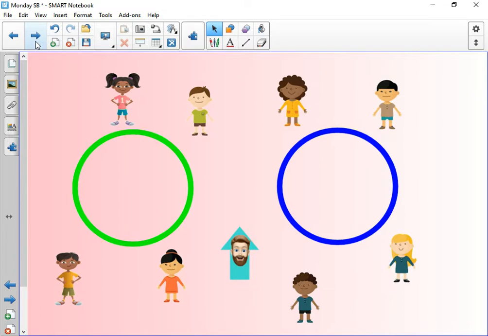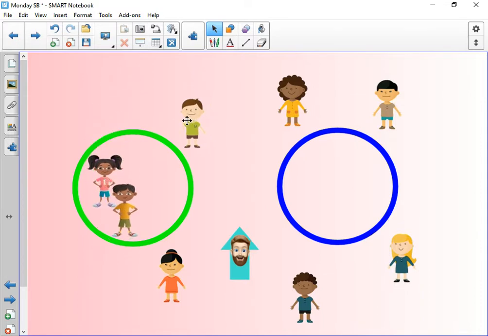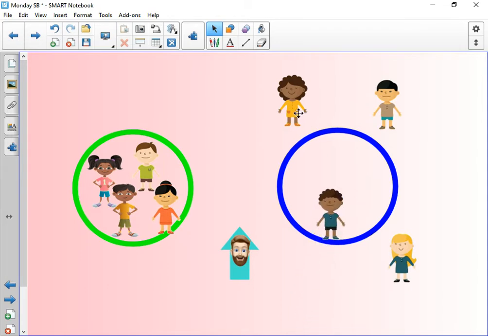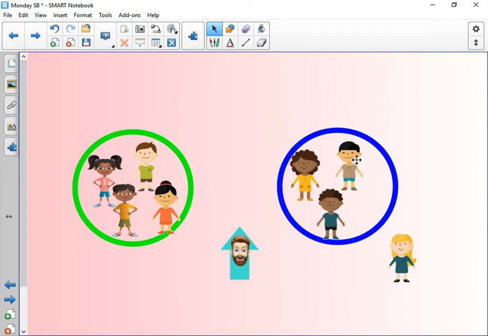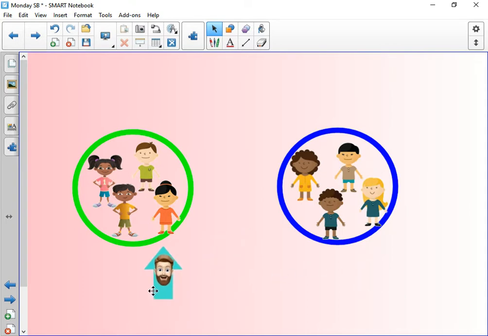Okay, so some children are running around the hall. The teacher tells them to stop and make 2 equal groups. This is what happens. Can you see? I've got 2 equal groups.